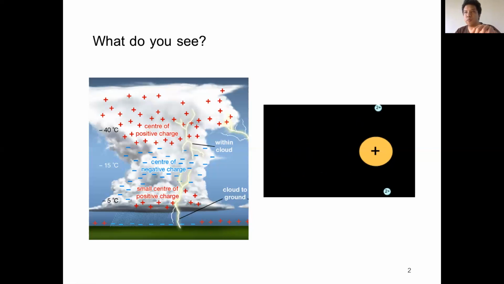There is always repulsion that tries to repel the two charges from each other. So if I want to squeeze two positive charges closer together, I need to do some work, and the work that I do to squeeze them together is changed into the potential energy of the charge.